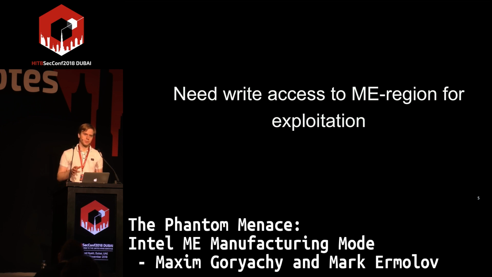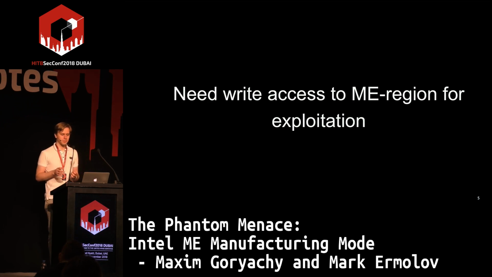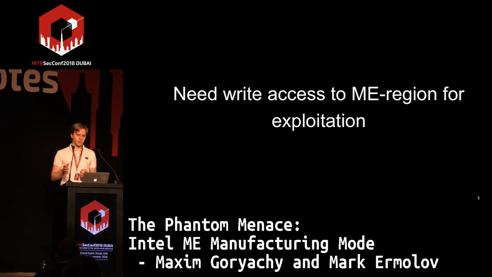For successful exploitation of the vulnerability, there is one precondition: an attacker must have write access to the ME region of the SPI flash chip. It's hard for a local attacker on a properly configured platform, and, of course, not in the case when the attacker has physical access.